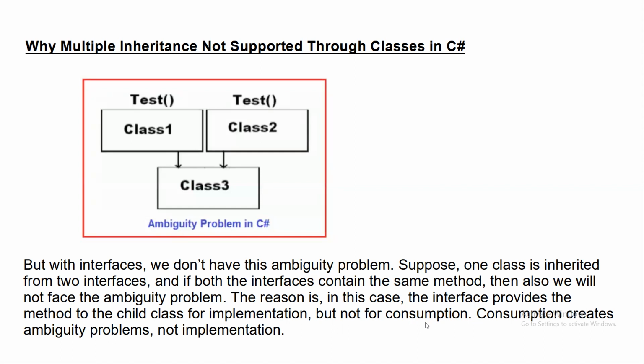So the compiler can easily identify that the method is already implemented in class 3, and invoke the method from class 3. Clear, guys, why multiple inheritance is not implemented through classes and why we have to use interfaces? I will go through one example, but concept wise, are you clear?